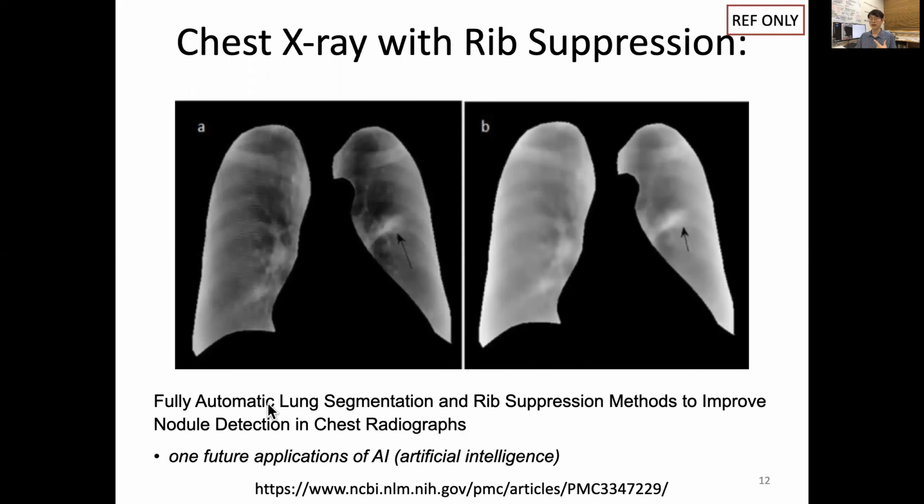So, fully automated lung segmentation and rib suppression methods to improve nodule detection in chest radiographs. We can use machine learning nowadays, so that after enough training, we can recognize this rib and then remove it by machine learning or artificial intelligence, which will allow our radiologists to detect small changes easily.